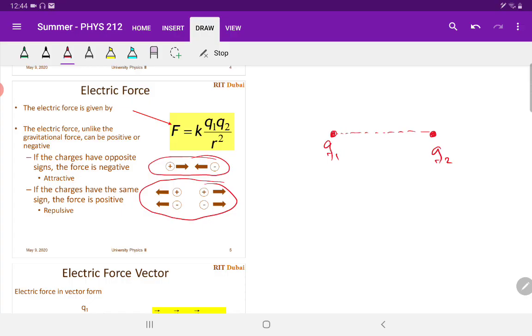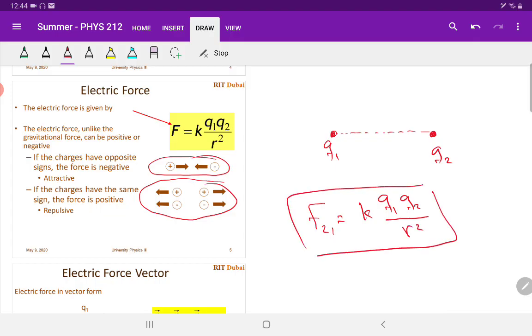So if I'm looking for the net force acting on Q1 because of Q2, the magnitude of that force, F21, equals K Q1 Q2 divided by R squared. That's the magnitude. In this case, we don't have to worry about this one.